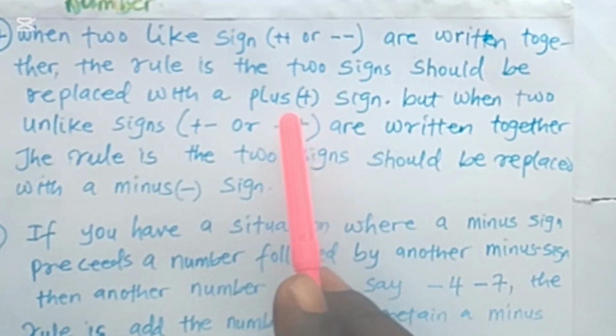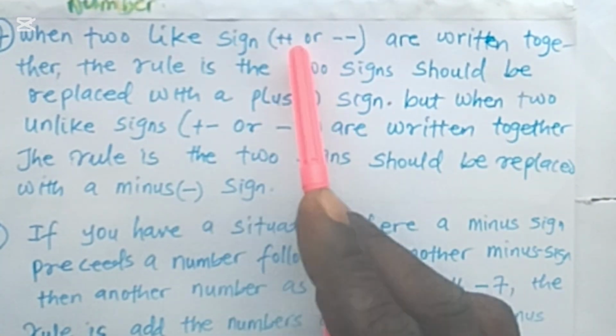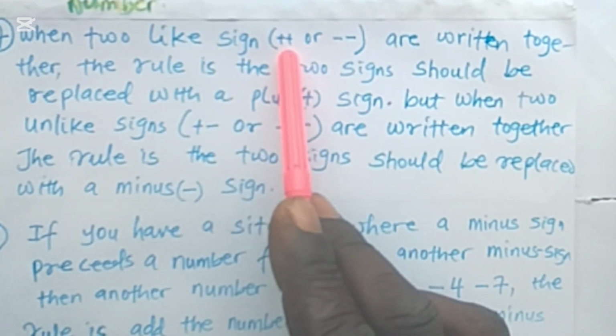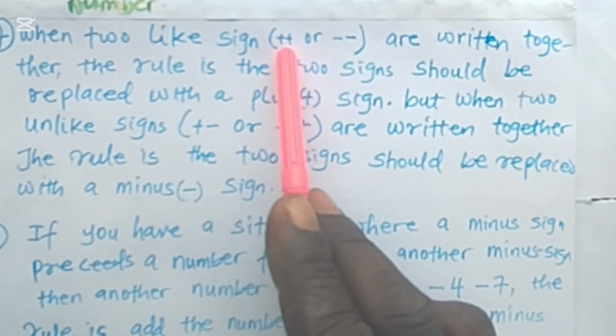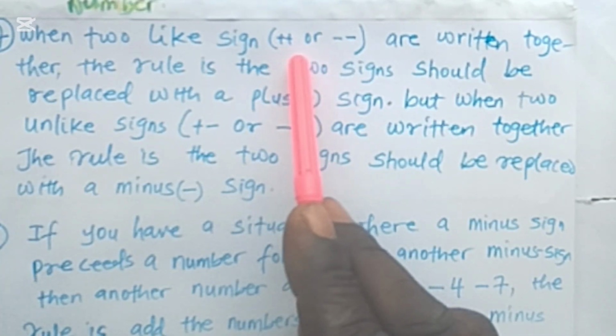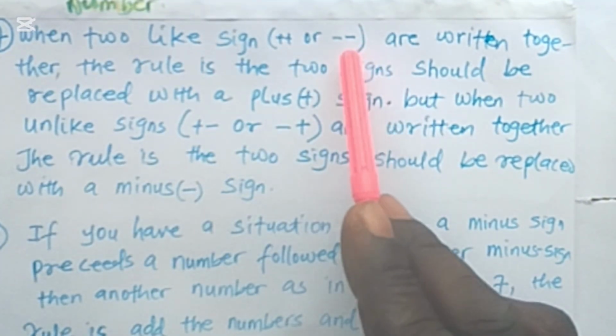This is very important. So if you are solving a math problem and you get to the point where you have two signs written together, and the two signs happen to be like signs, they could either be plus plus or minus minus written together.